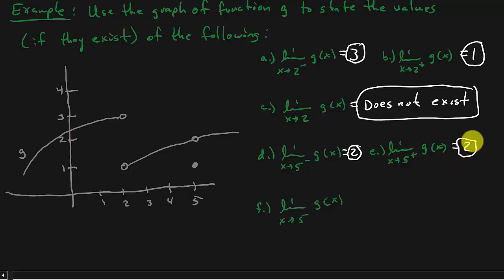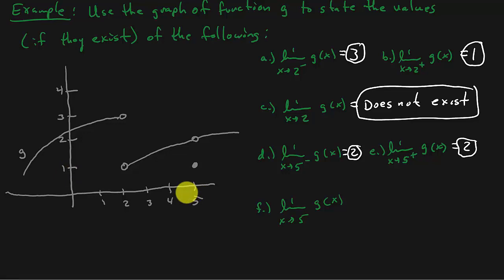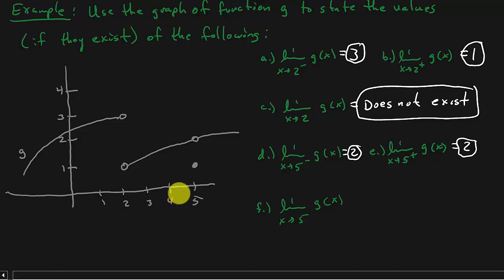Okay. Now remember that as I'm coming in from the left and the right, the limit is not 1. The y value is 1 when x equals 5. But we're doing limits. And we're approaching. X is not going to ever equal 5. It's just getting close to 5.